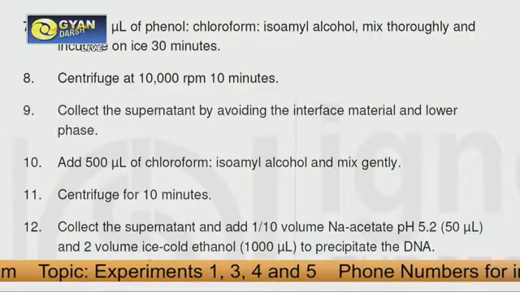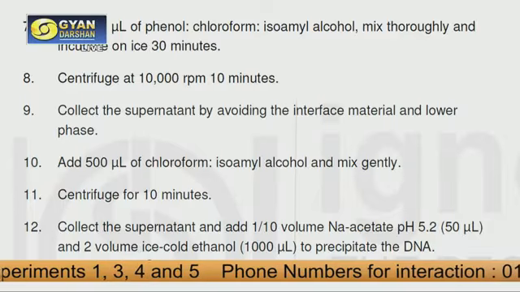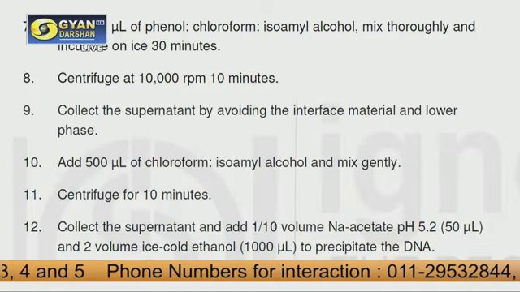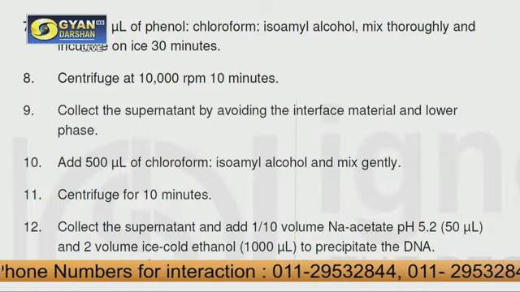Because genomic or chromosomal DNA has a very high molecular weight, so if you use very high speed, the DNA might get degraded. The speed should never exceed 10,000 revolutions per minute. If possible, keep it a bit lower, like 8,000 revolutions per minute.